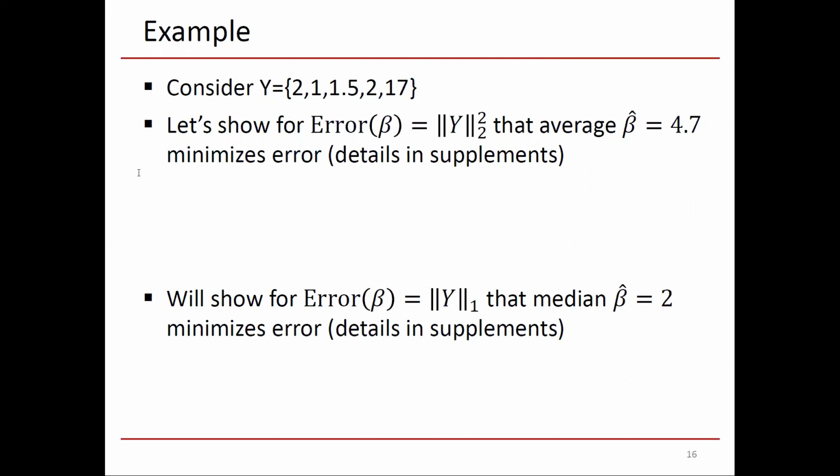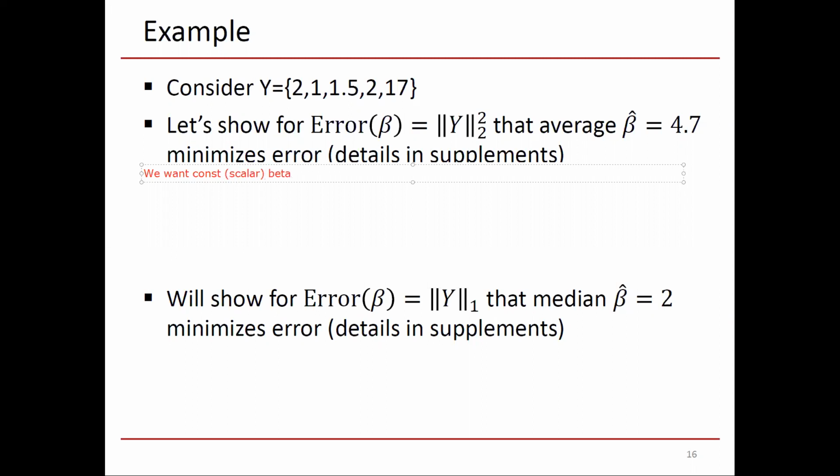Okay, so let's go through this step by step, and we're going to begin with the squared error case. So we want a constant. Let's call it a scalar beta.